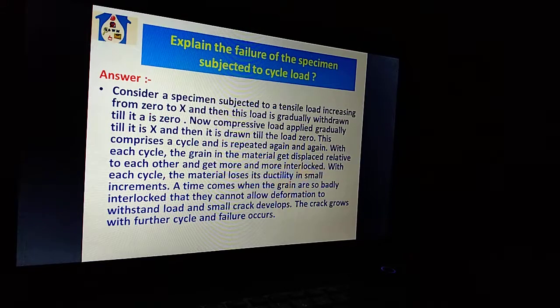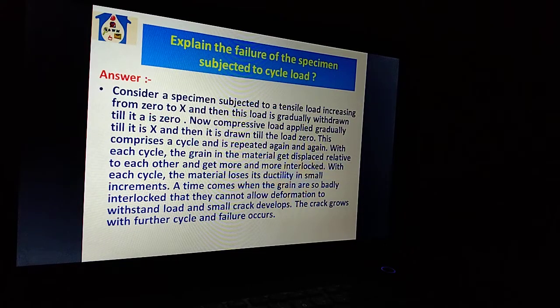Now, compressive load is applied gradually till it is minus X, then it is withdrawn till the load is 0. The tensile compressive cycle is repeated again and again.